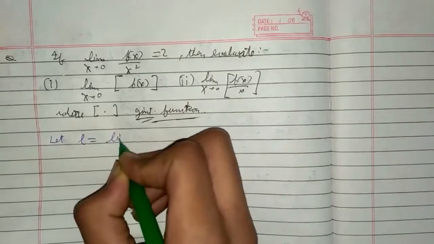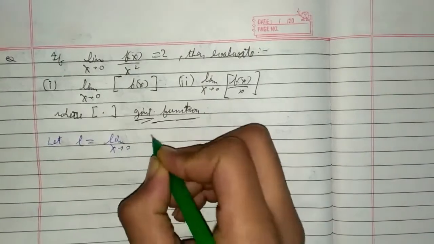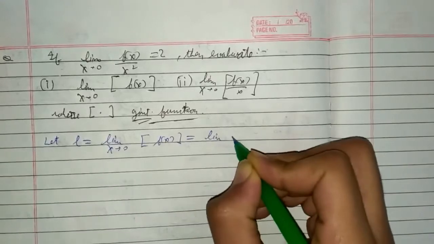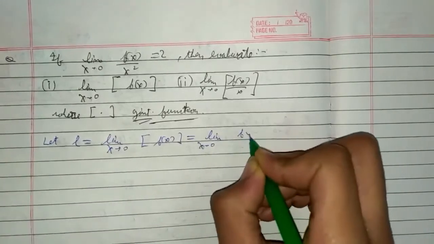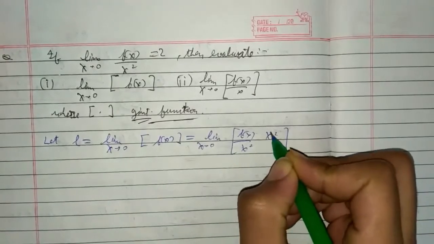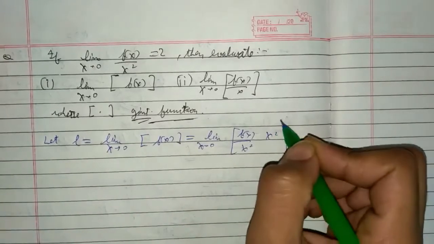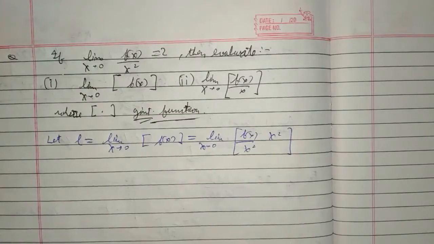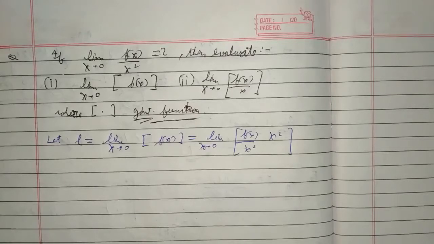Let L be equal to limit x tends to 0 of the greatest integer of f of x, which is equal to limit x tends to 0 of the greatest integer of (f of x upon x squared) into x squared. Now the argument of the greatest integer function is tending towards 0 from the positive side, as x tends to 0, f of x upon x squared is 2 and x squared tends to 0 plus, so f of x upon x squared times x squared tends to 0 plus.